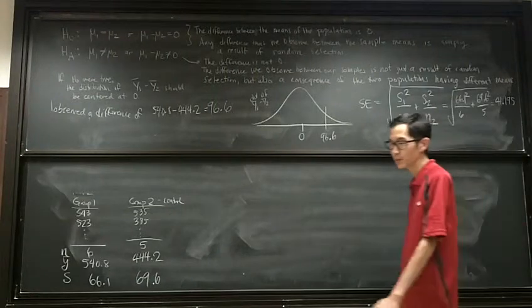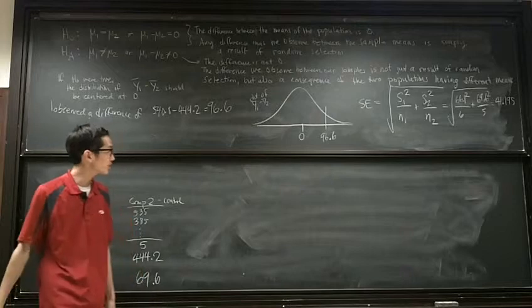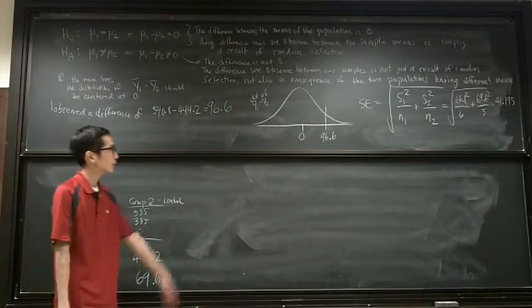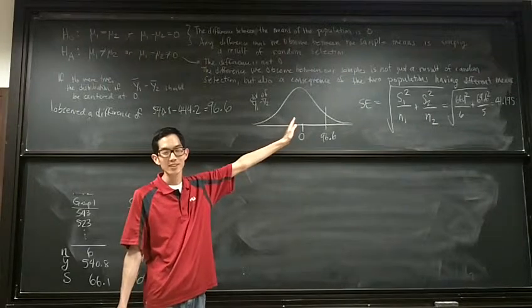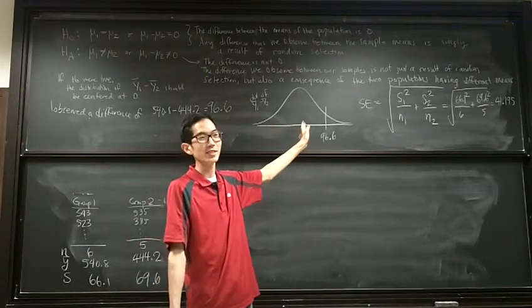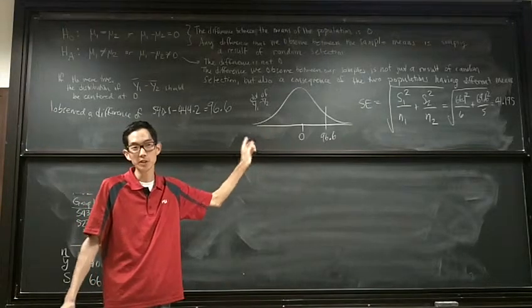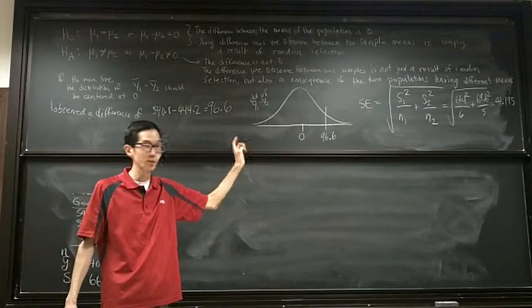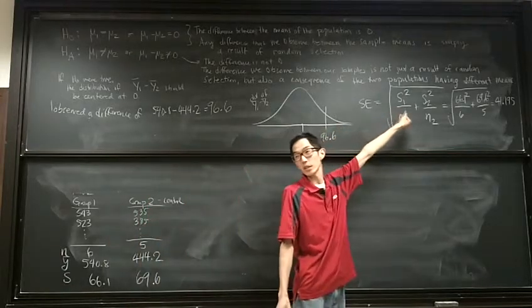Now I'm going to get something like a z-score, but it's not a z-score because what kind of distribution is this? It's almost normal. It's going to be the t-distribution, okay? And it's the t-distribution because sigma is not known. We're using our best guess for sigma by using s, okay?